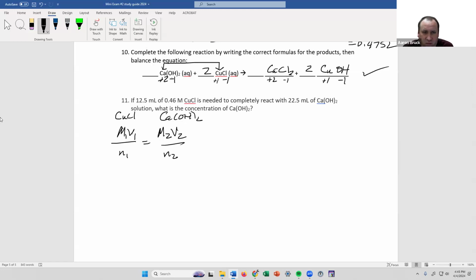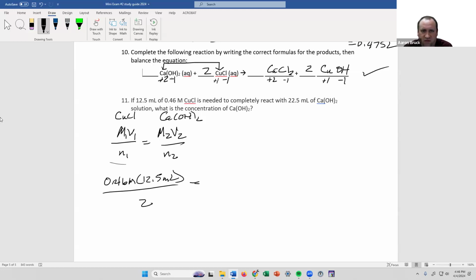So M1, the molarity of the copper chloride, is 0.46. The volume was 12.5 milliliters. And remember, N comes from the balanced chemical equation. So for copper chloride, that was 2.